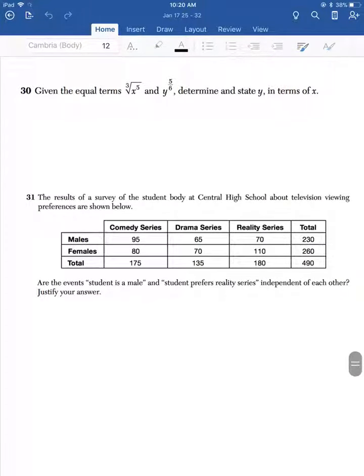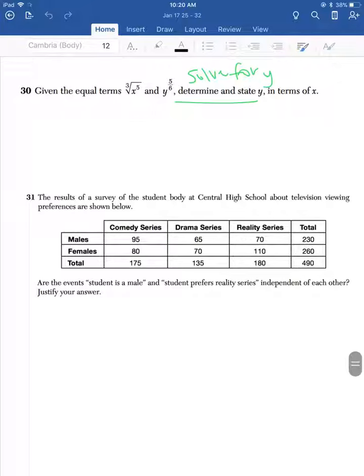Okay, question 30. Given the equal terms, so the cube root of x to the 5th and y raised to the 5/6, determine and state y in terms of x. So this is asking me, this means here, solve for y. Solve for y in terms of x. So this says given the equal terms.